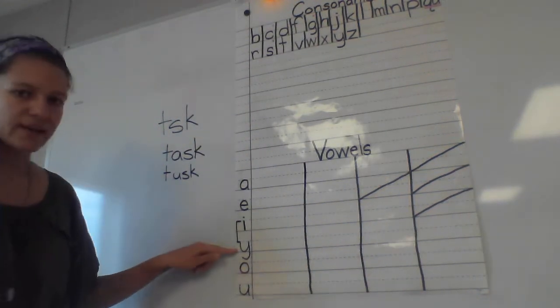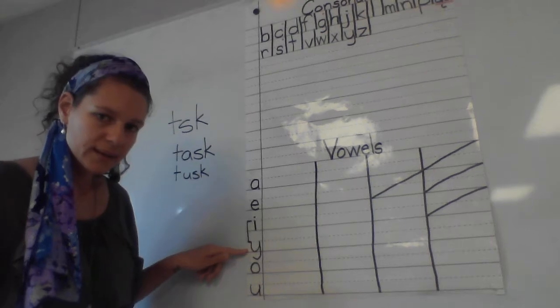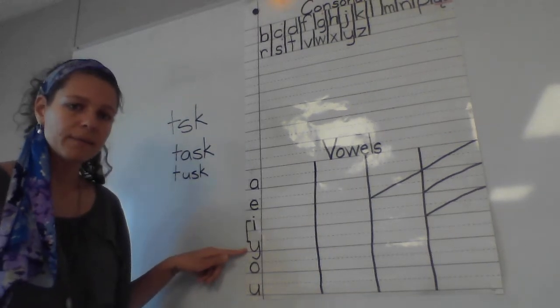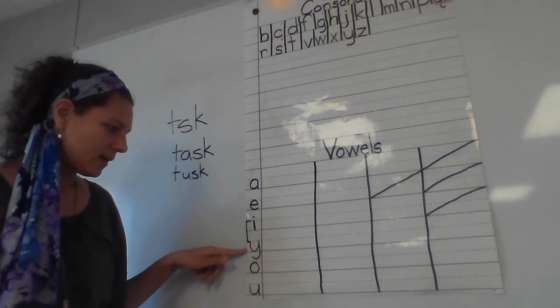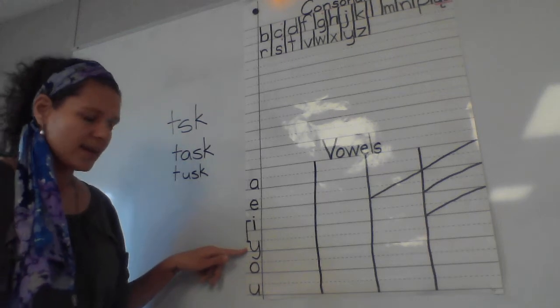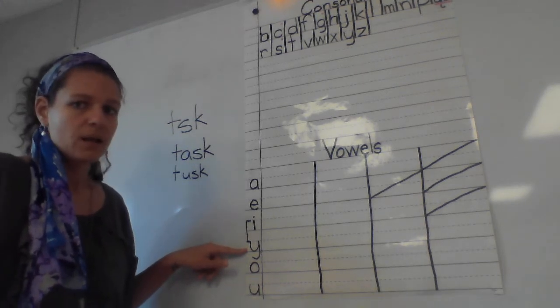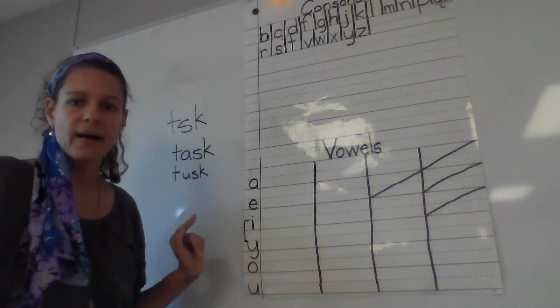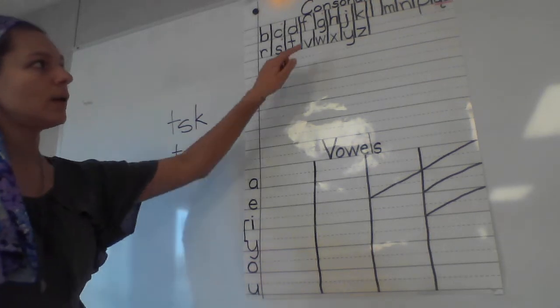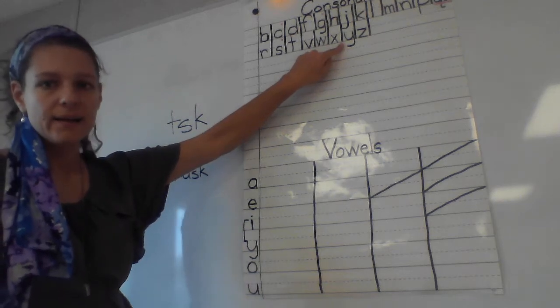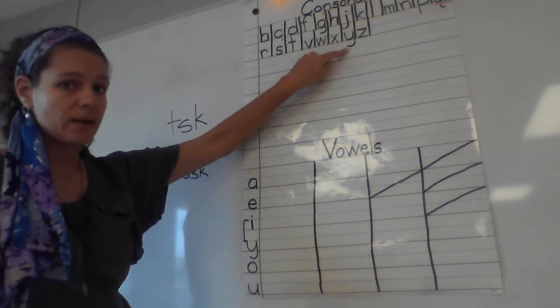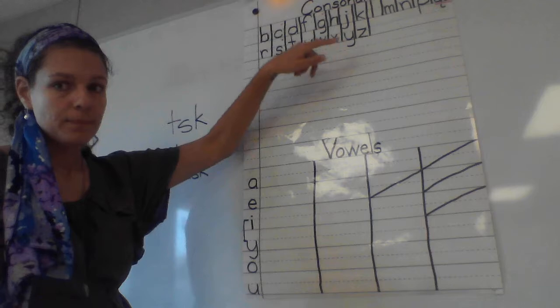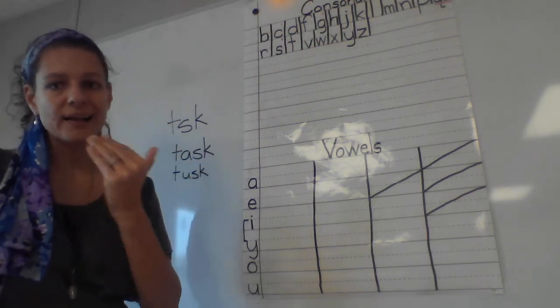All right, say this phonogram for me, please. Good. Ya, I, E. All right, this one is a little bit tricky. How many of those are vowel sounds? Remember, we know that when it says ya, we put it as a consonant up here. So ya is blocked.